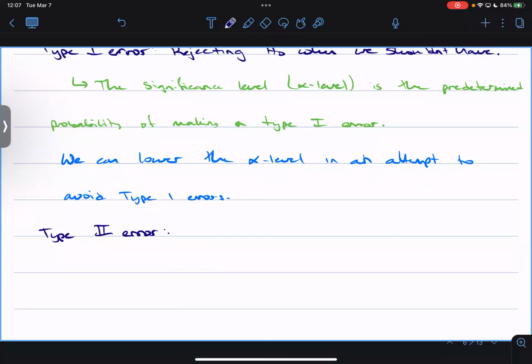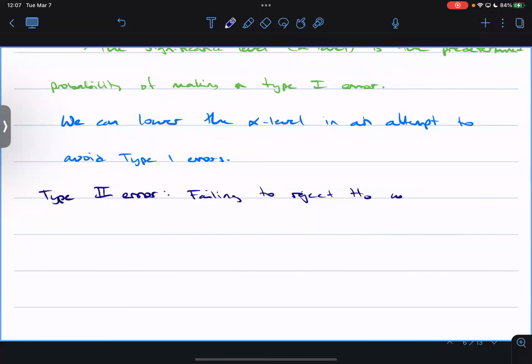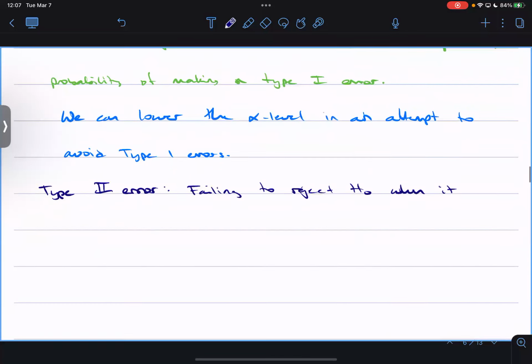Usually the only reason is that our sample size wasn't large enough to detect a difference, so you'd have to increase your sample size, which is often not possible. So there's no workaround.